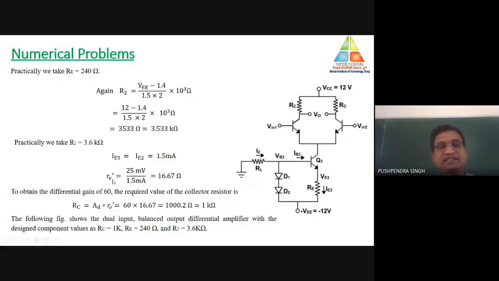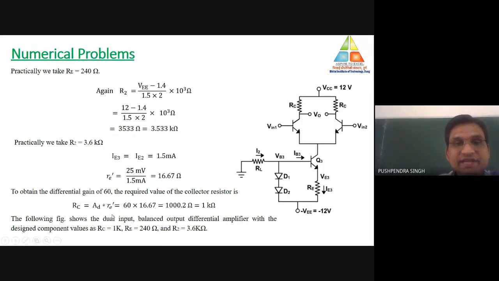So what is RE dash? RE dash is equal to 25 millivolt divided by IE current, so 25 millivolt divided by 1.5 milliampere, which is equal to 16.67 ohm. For getting the differential gain of 60, since AD is equal to RC by RE dash, RC will be equal to AD into RE dash.